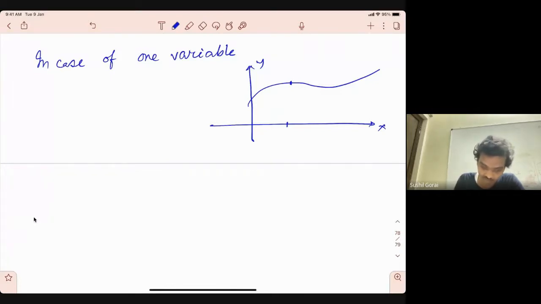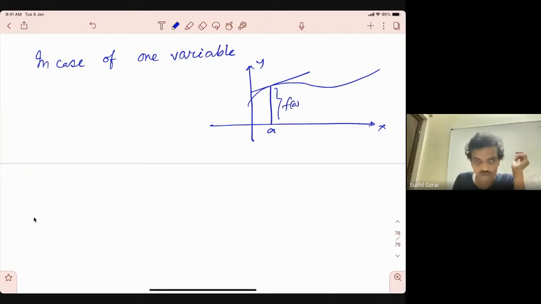So now you look at the tangent. Look at the tangent at one point. Now, what is the equation of this tangent? Let's say a, and this is f of a.